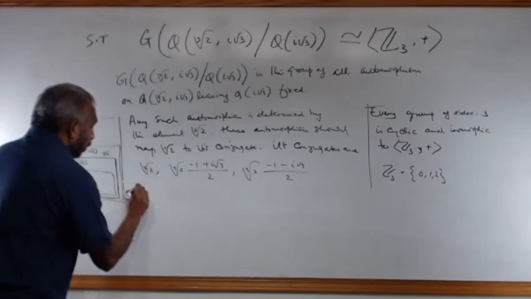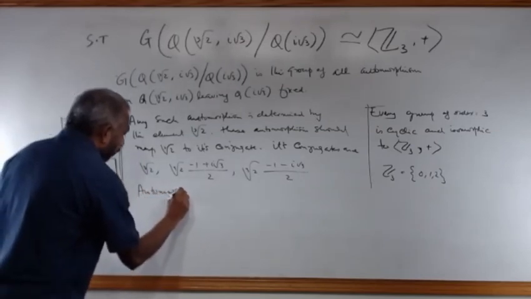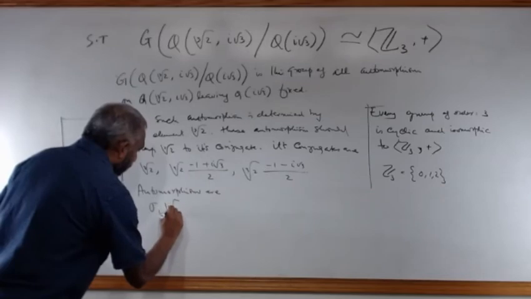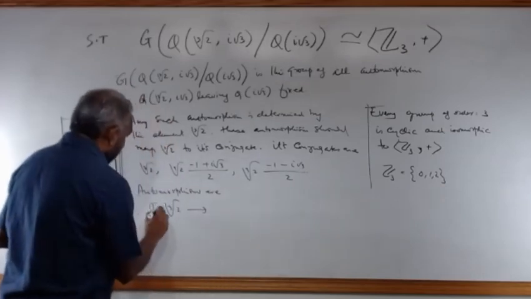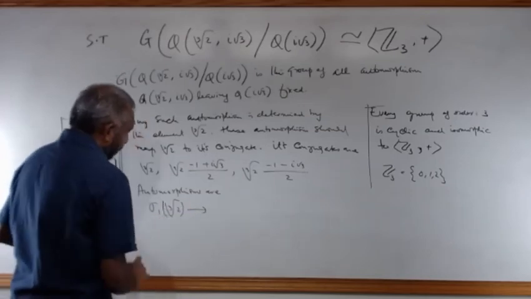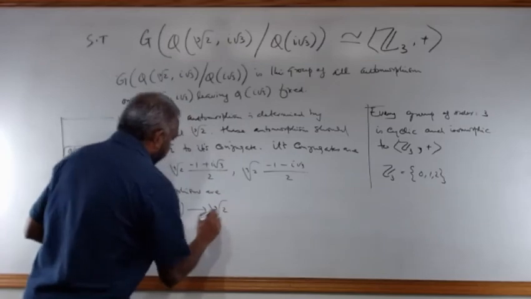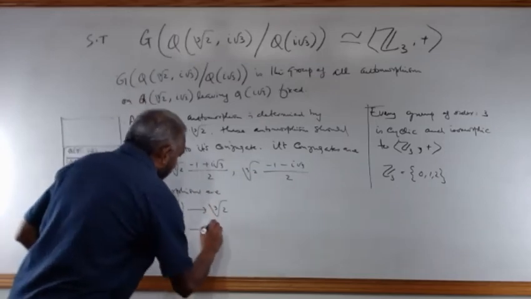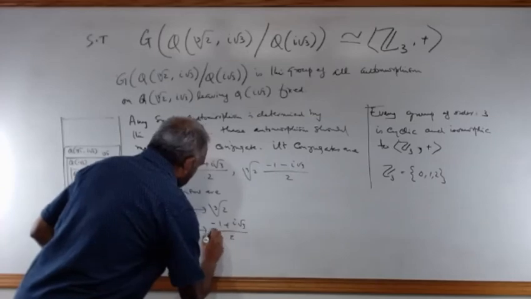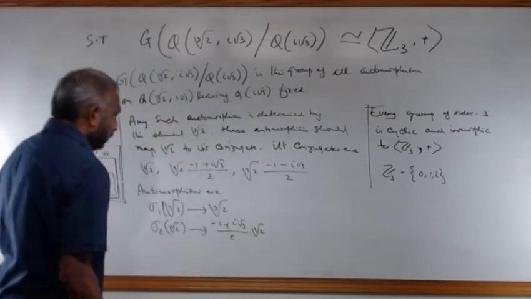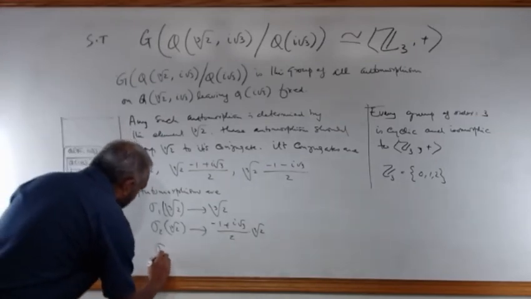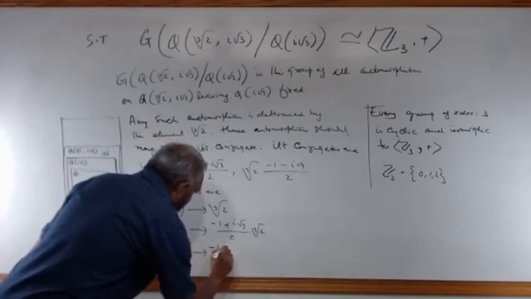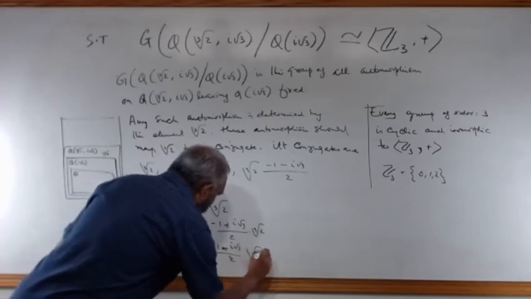So the automorphisms are: sigma 1 maps cube root of 2 to cube root of 2, or sigma 2 maps cube root of 2 to (minus 1 plus i root 3)/2 times cube root of 2, or sigma 3 maps cube root of 2 to (minus 1 minus i root 3)/2 times cube root of 2.